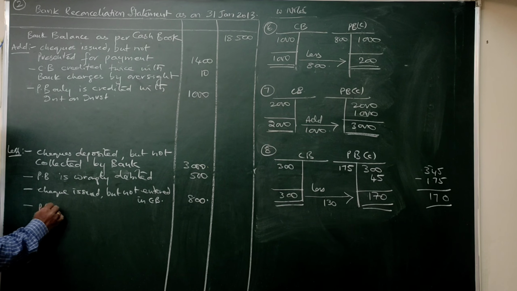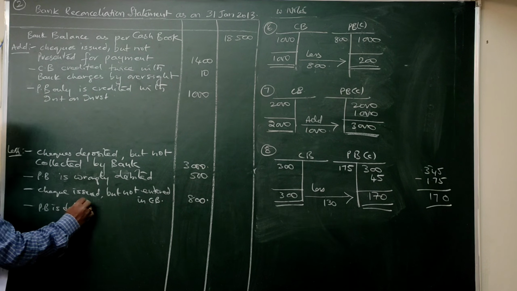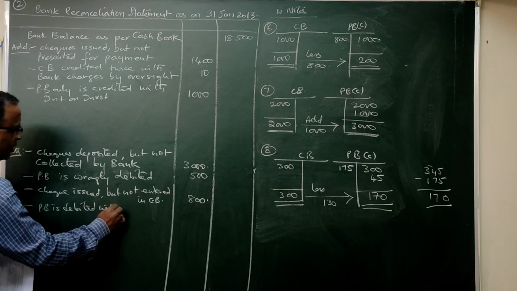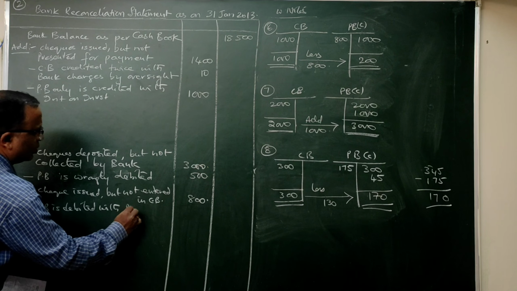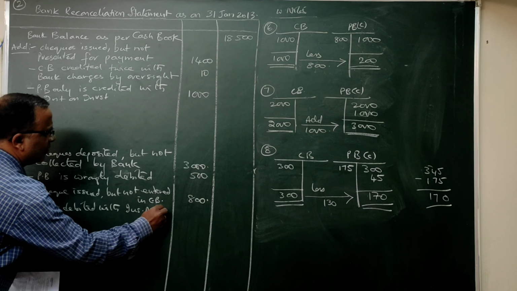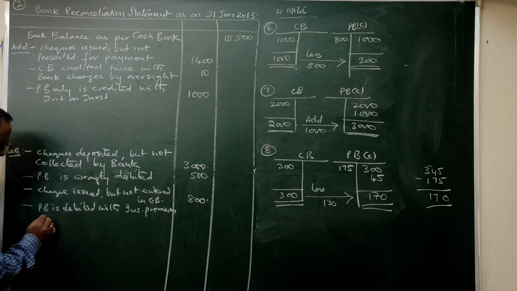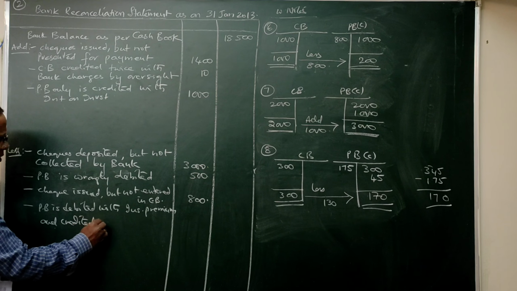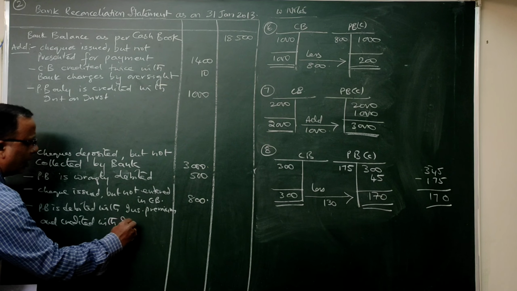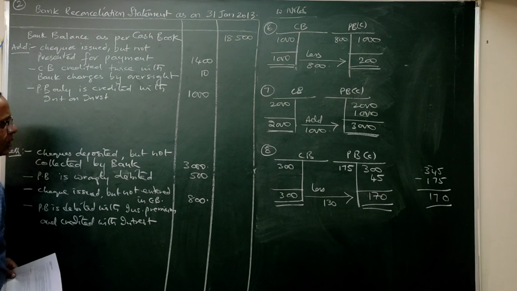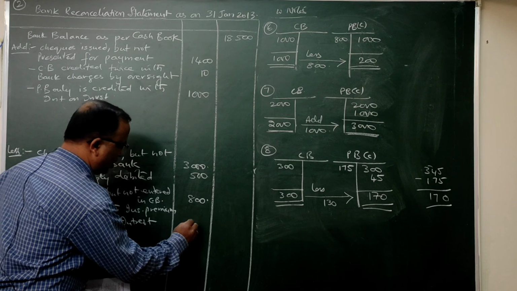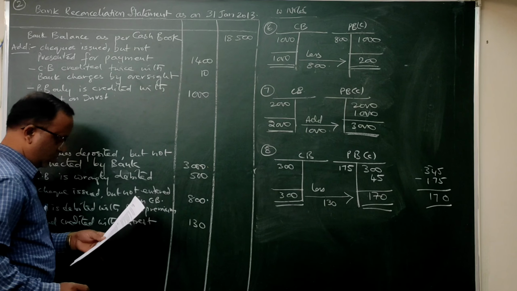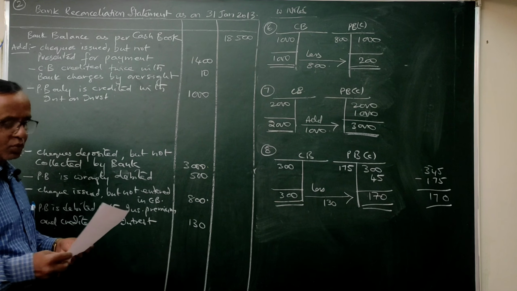Passbook is debited with insurance premium and credited with interest. So totally it is 130, and you write it here. This is how we have completed this problem.